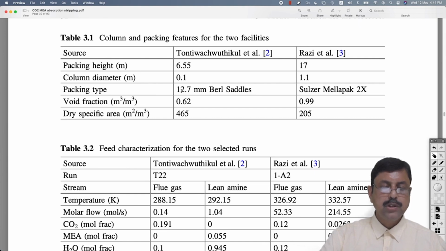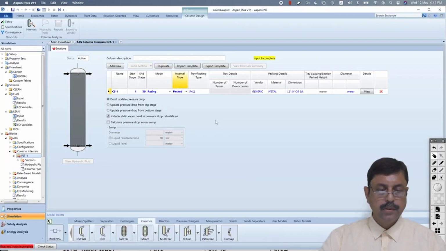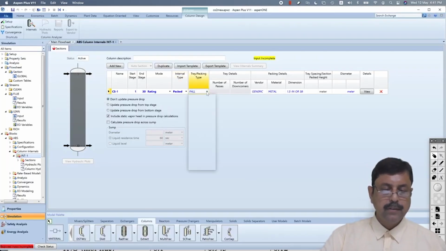It should be 12.7 millimeter barrel saddles. So we look for barrel saddles. Yeah, this one, it is barrel saddle. And automatically the vendor has been chosen.